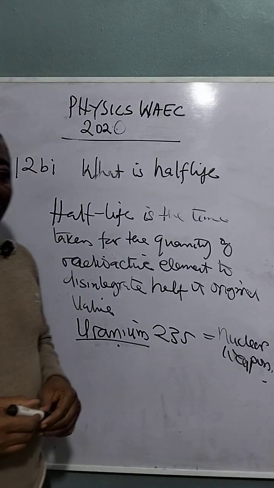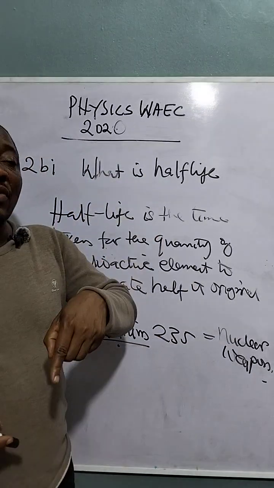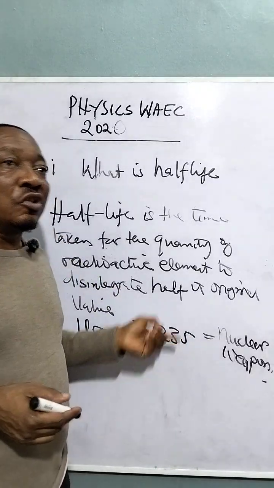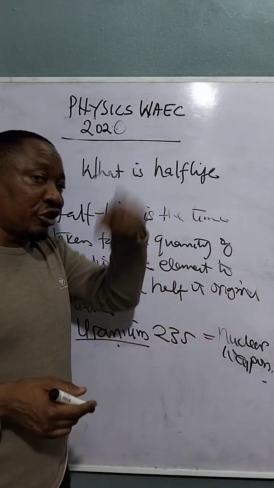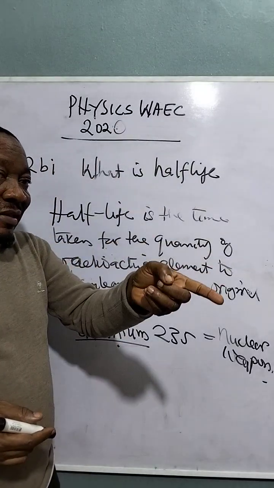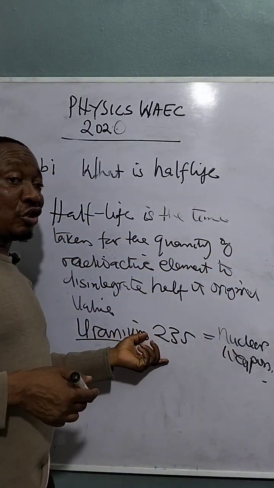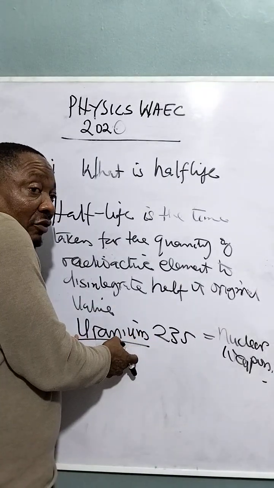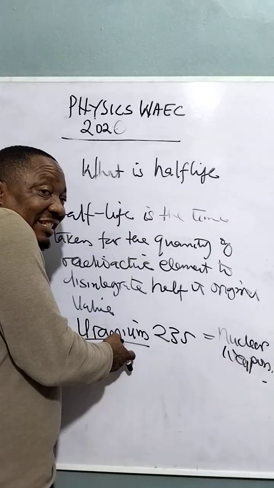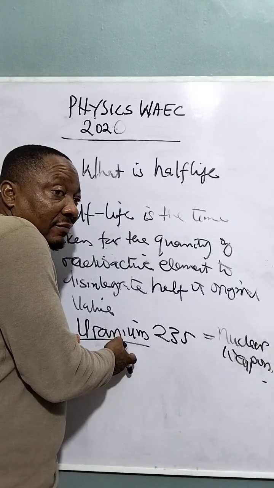Now, for instance, we have been hearing of the United States of America launching nuclear weapons to the Sambisa forest or Boko Haram. When they launch it and release it to Boko Haram, if this enters somebody's body, the time taken for this element to decay or disintegrate in the body is what we call half-life.